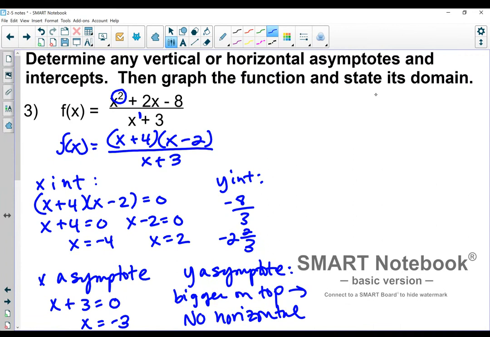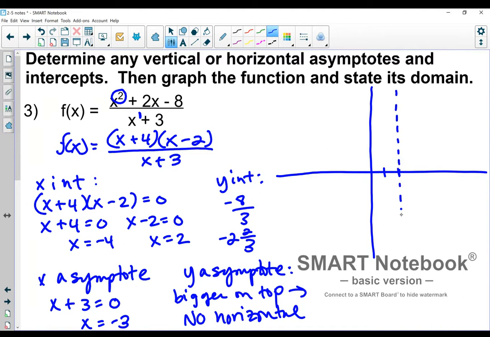So let's go ahead and get some stuff down on paper. Let's see, we had intercepts at, or sorry, not intercepts, asymptotes at 2. And we had an asymptote for x at -4, so another vertical one at -4.